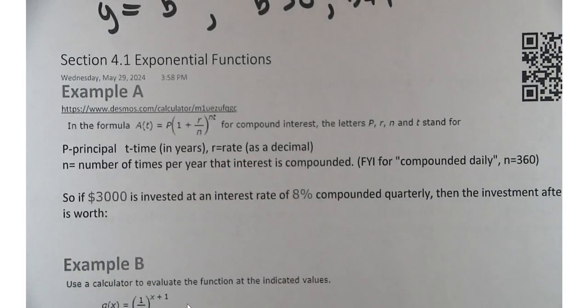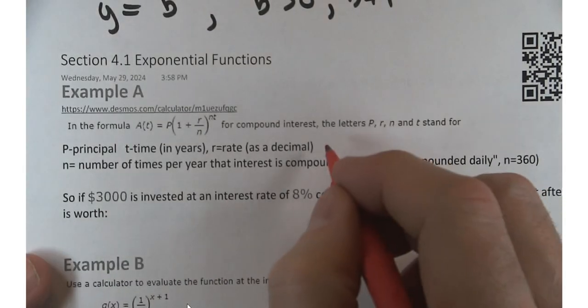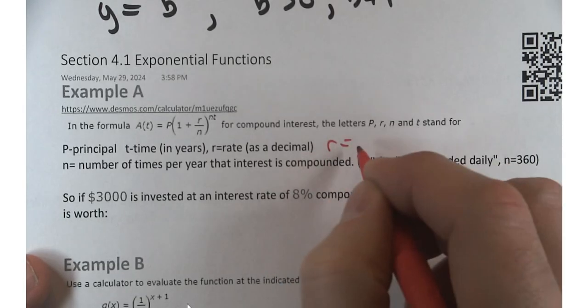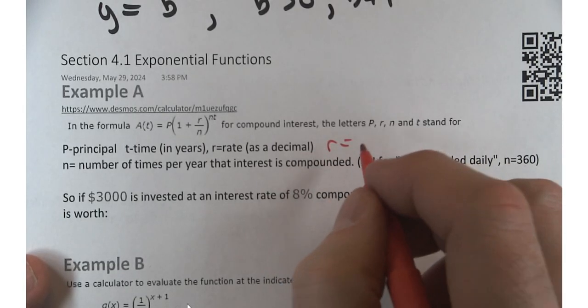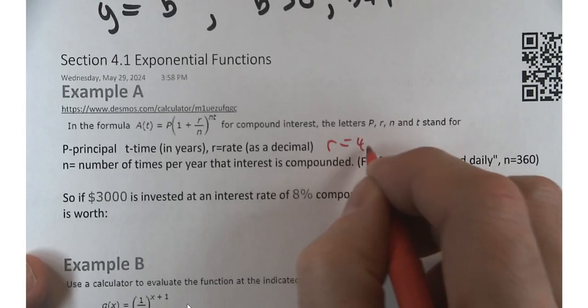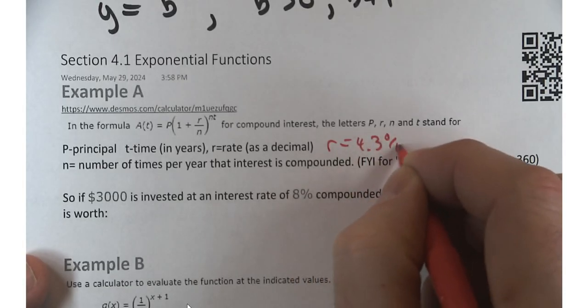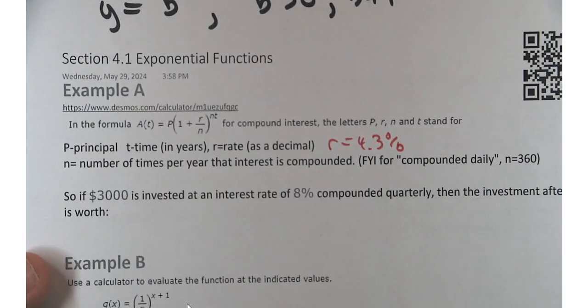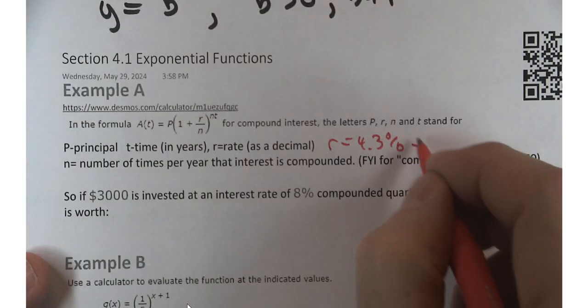So for instance, if you're getting 2.3%, actually you should probably get something better than that. I think SoFi Bank has some pretty good interest rates. Last time I remember looking, there was 4.3% interest on their bank accounts. Now, you have to rewrite that as a decimal.